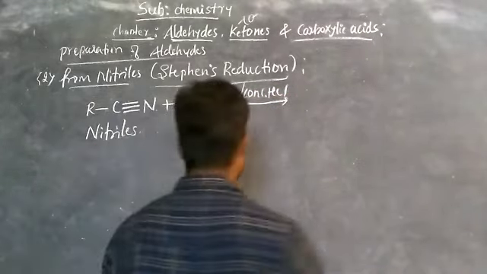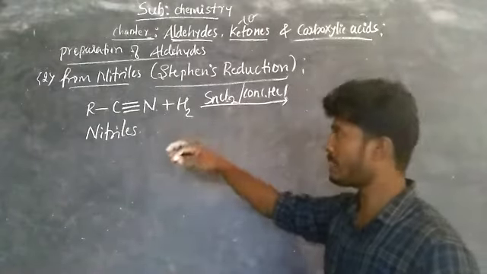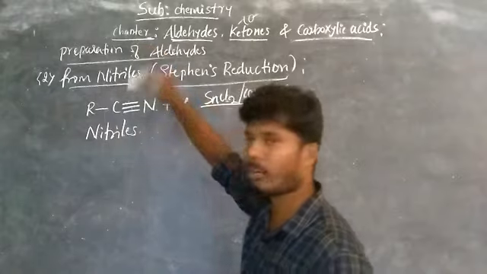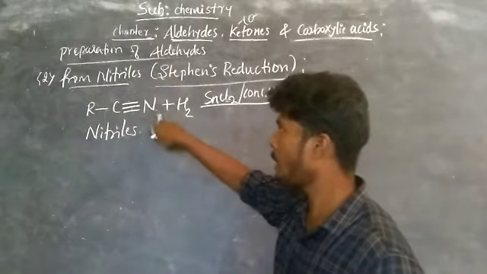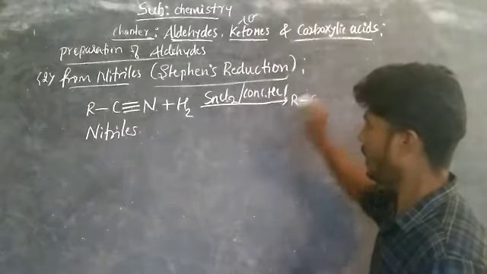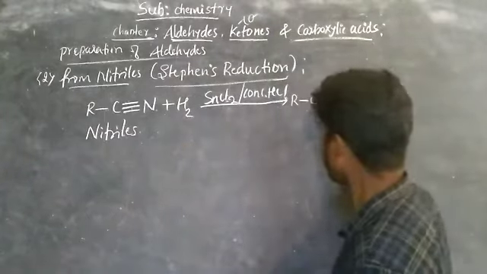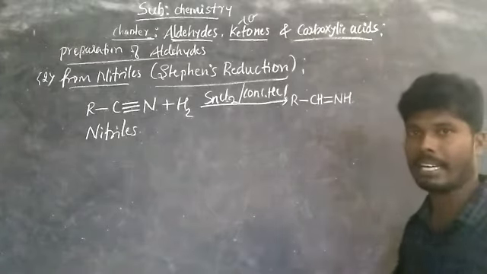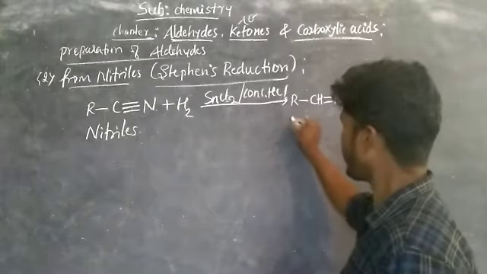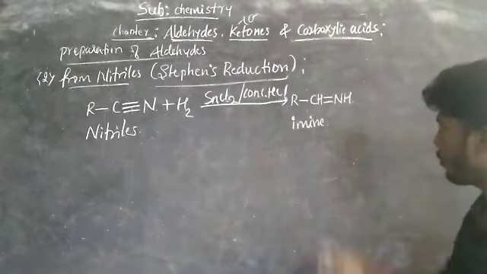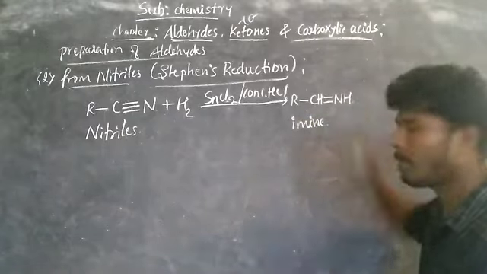In this condition, you get imines. See, these two hydrogens are added between this carbon nitrogen triple bond. You get CH double bond NH. So this is called an imine. An imine is nothing but an organic compound which contains a carbon nitrogen double bond.